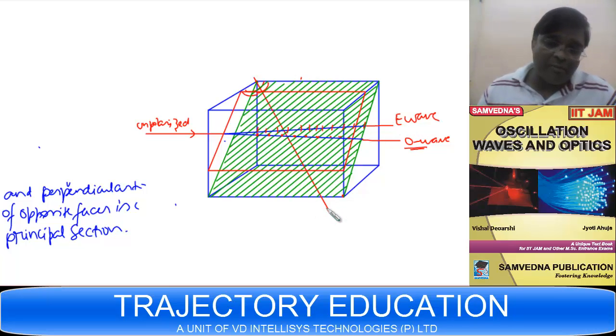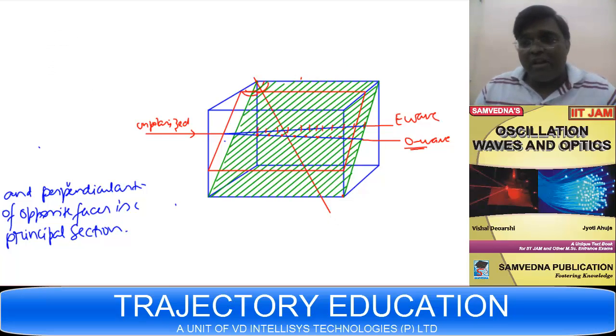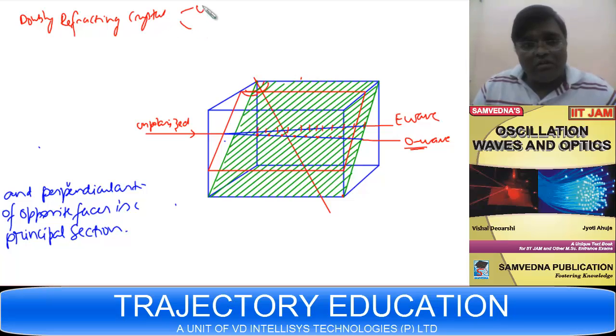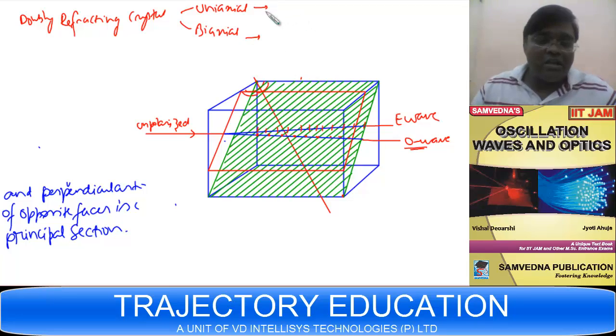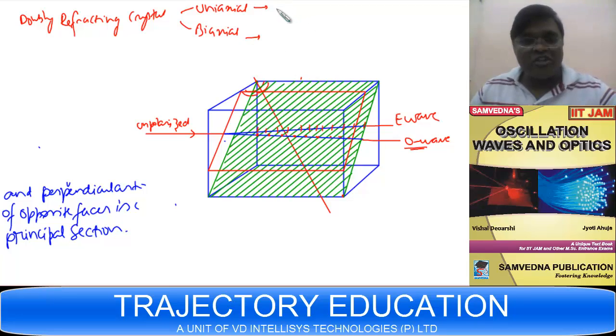Alright. So based on the number of optic axes, we classify the doubly refracting crystal into two types: one is called uniaxial, the other is called biaxial.